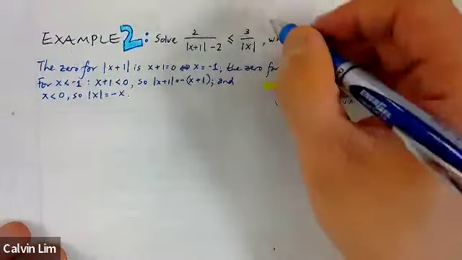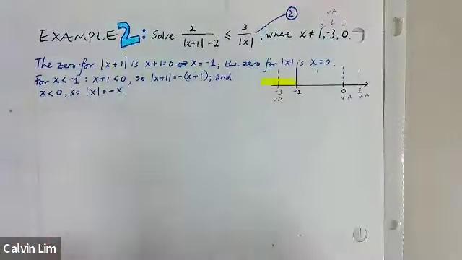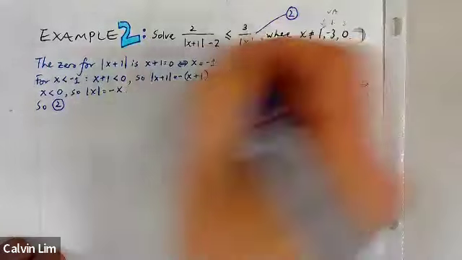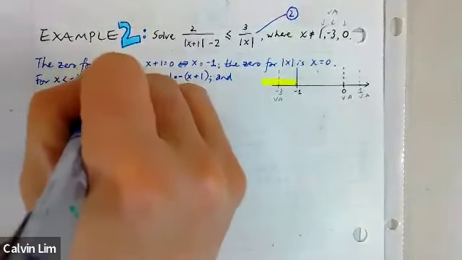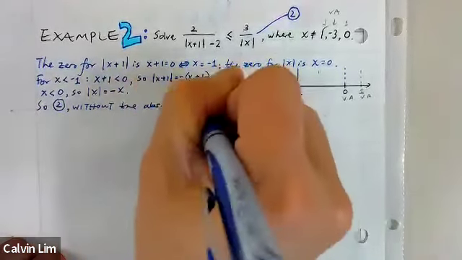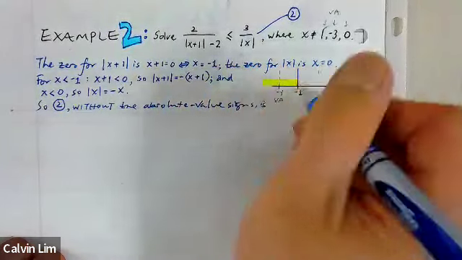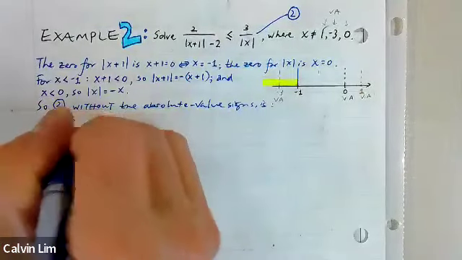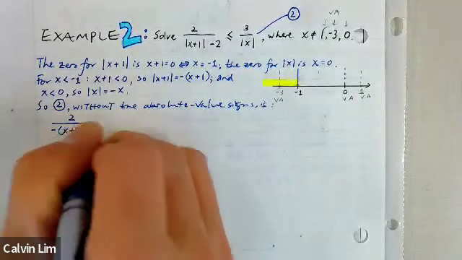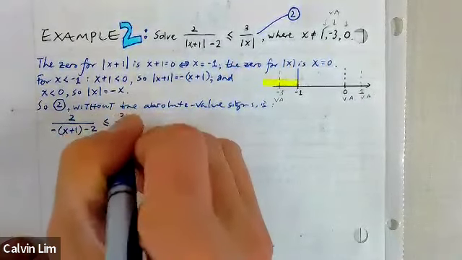And I'm going to label this equation 2, for documentation. So equation 2 without the absolute value sign is 2 over -(x plus 1) minus 2 less than or equal to 3 over -x.